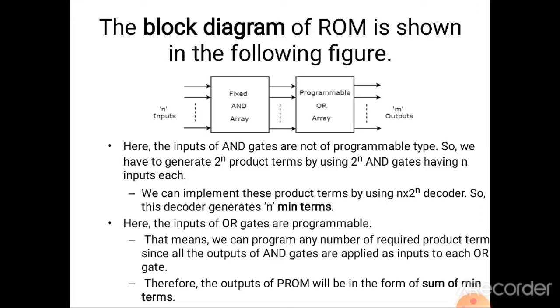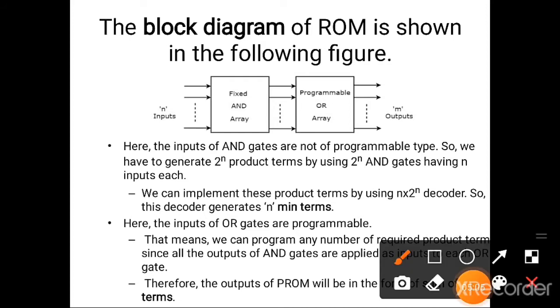Next we are using a programmable OR array. The input of the programmable OR array is the output of the AND gates. It's a programmable array, so we can program any number of required product terms, since all the outputs of the AND gates are applied to the input of each OR gate.